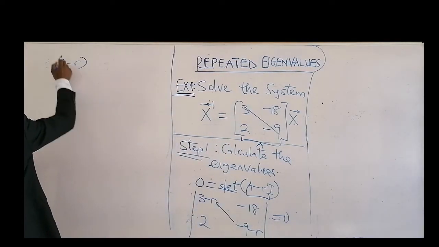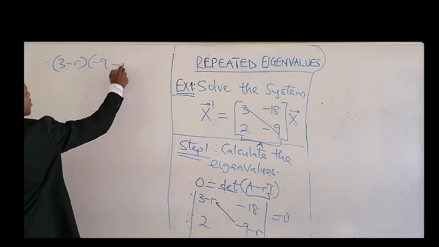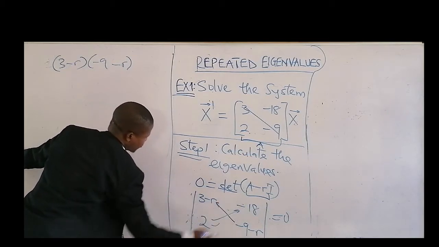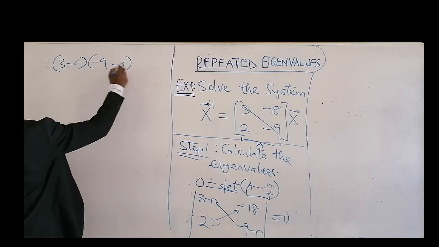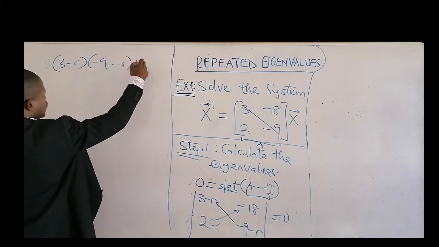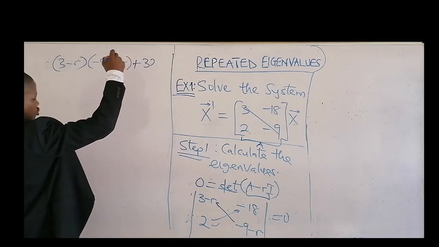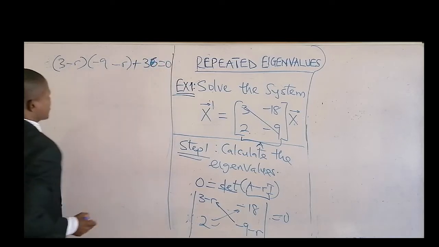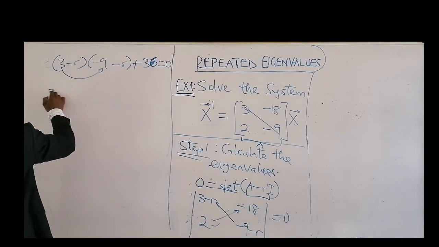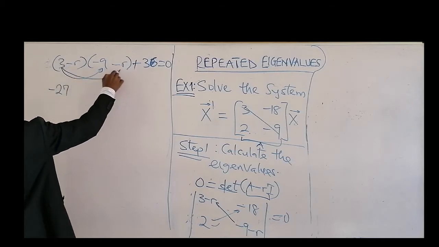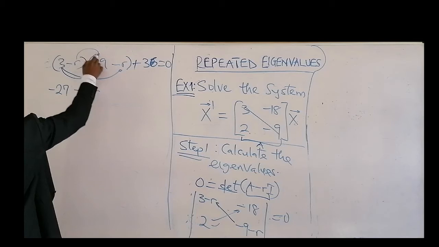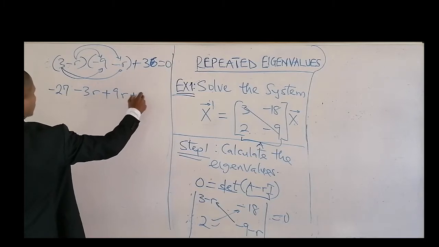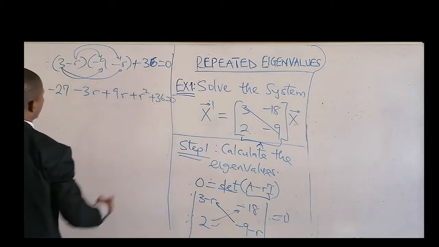That's 3 minus R times minus 9 minus R, minus 18 times 2, which is plus 36. So 3 times minus 9 is minus 27, then minus 3R, plus 9R, plus R squared, plus 36 equals 0.